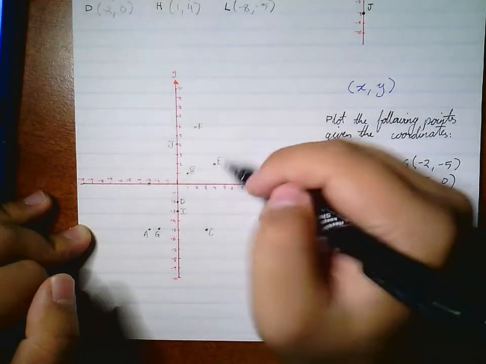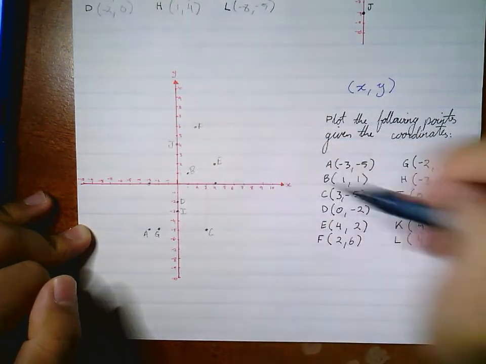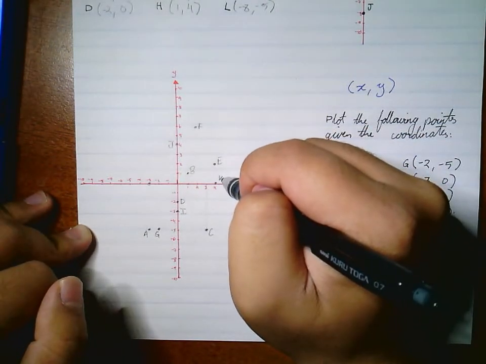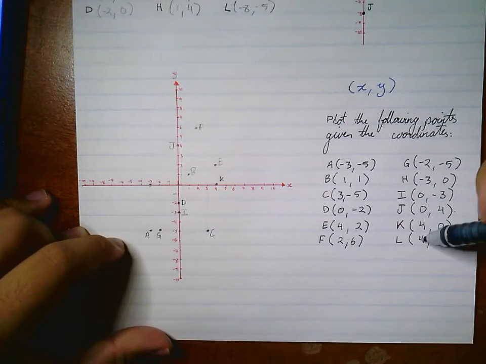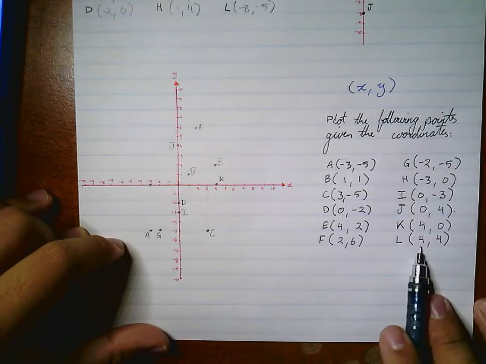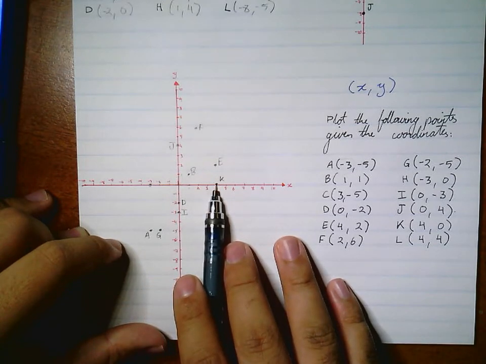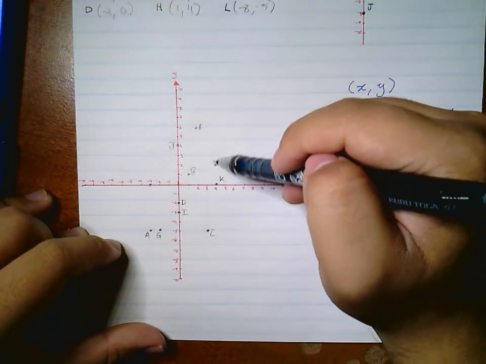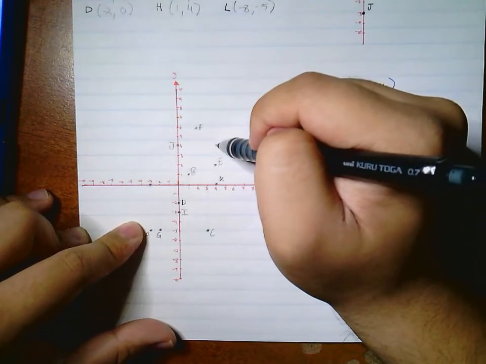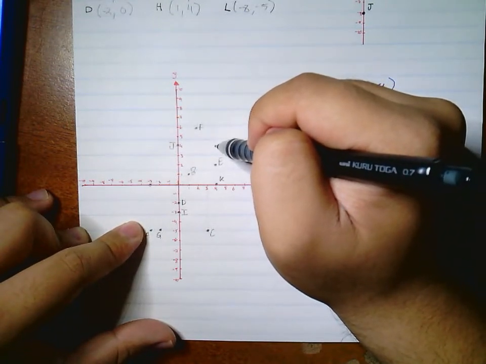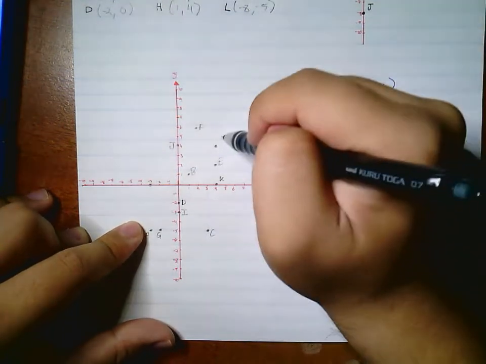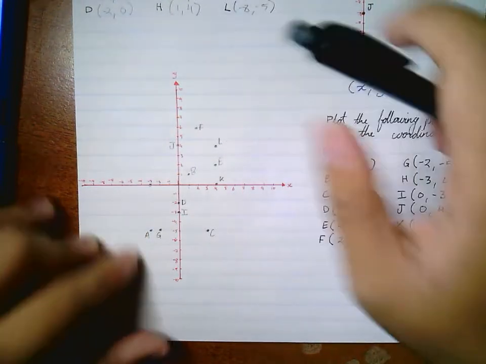So it's 4, 0. That there is point K. And lastly, point L is 4, 4. We move to the 4 first and then up to the 4 on the y-axis. That is point L.